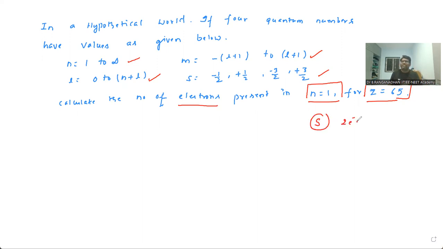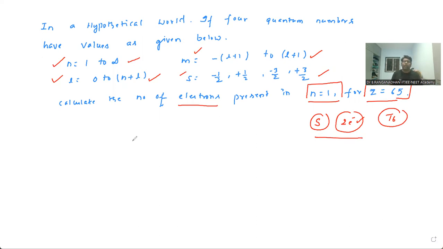The answer is simply 2 electrons. But here it's not possible, because this is a hypothetical question. Based upon these values, how many electrons are present? That is the question. Z equals 65 means terbium. According to electronic configuration, 1s orbital means only 2 electrons, but this is not the correct method.